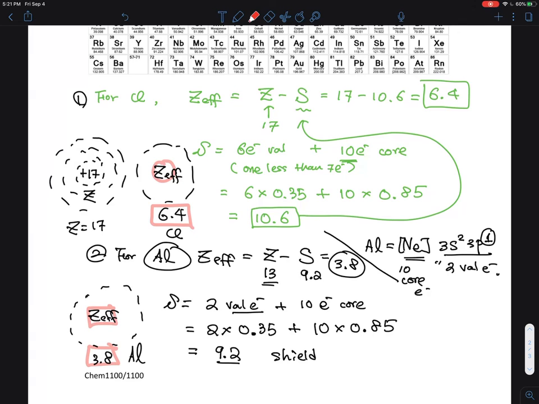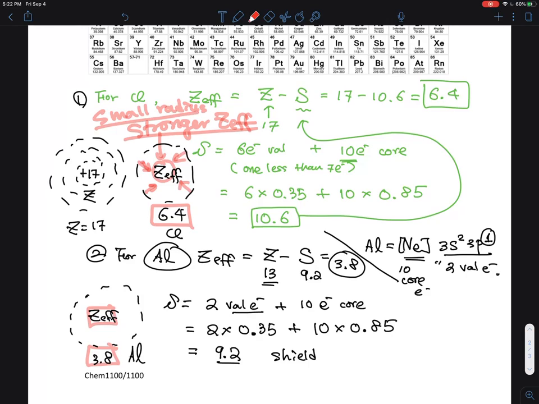Therefore, chlorine has a stronger Z effective nuclear charge pulling the electrons more. These electrons are being pulled closer, so this is a stronger Z effective. That's why it is a smaller radius.